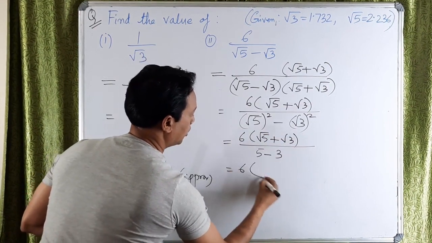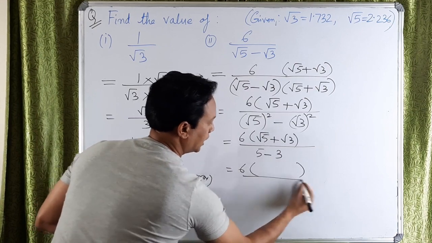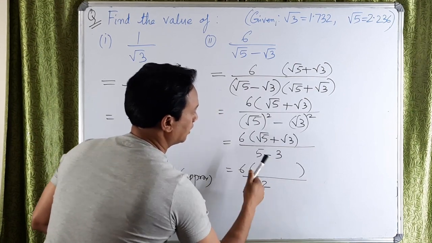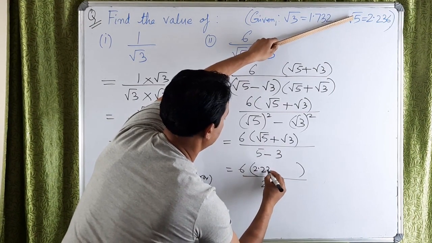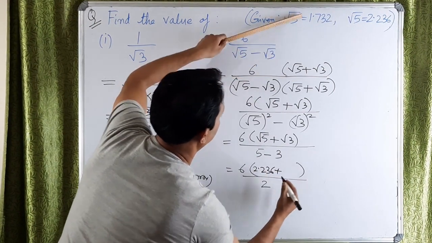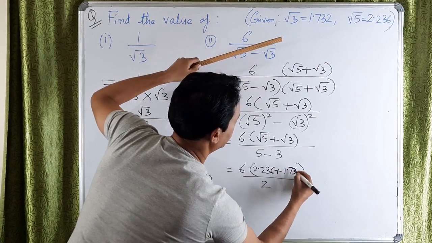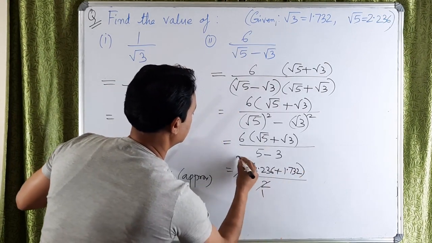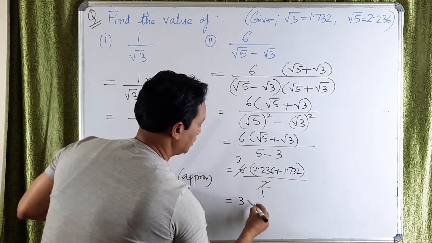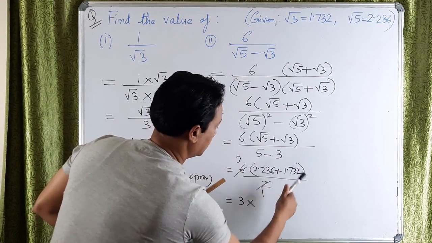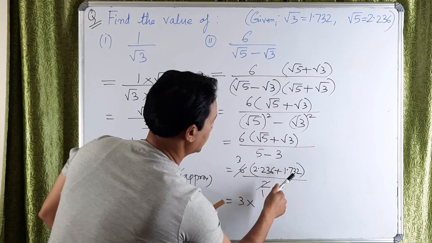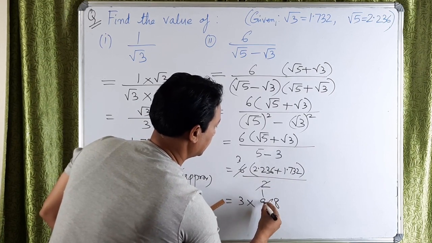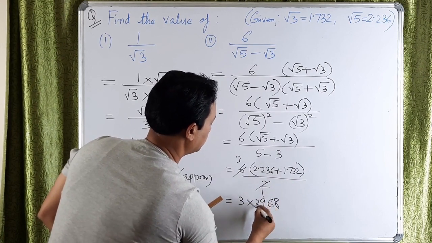And now we can put the values because we have rationalized the denominator. Now we can put the value of root 5, which is 2.236, and root 3 is 1.732. Now we can cancel this. So we're left with 3 into, now add this: 6 plus 2 is 8, 3 and 7 is 10, 2 and 1 will be 3.